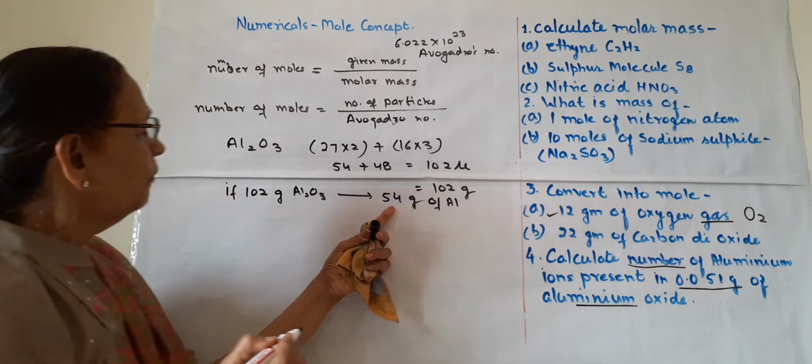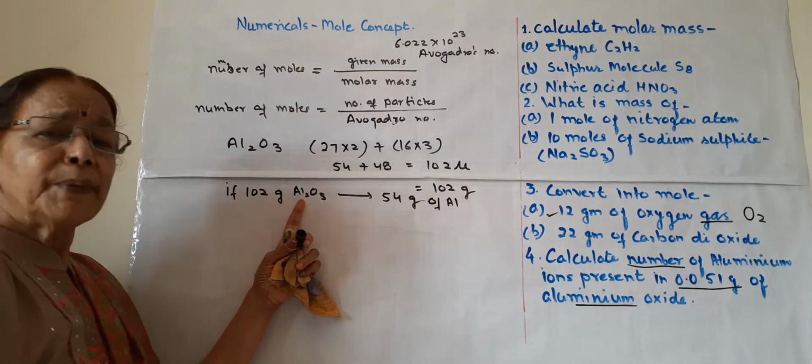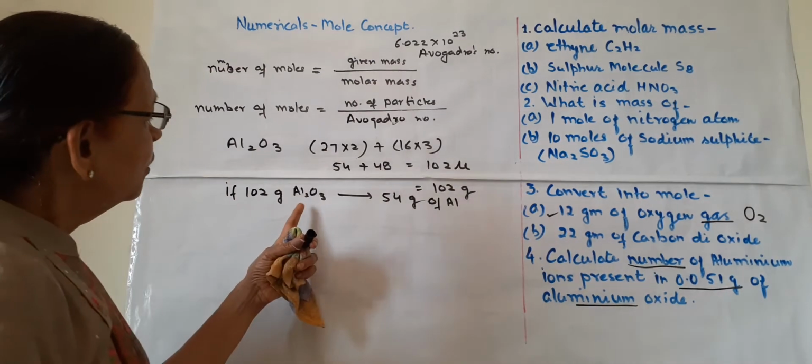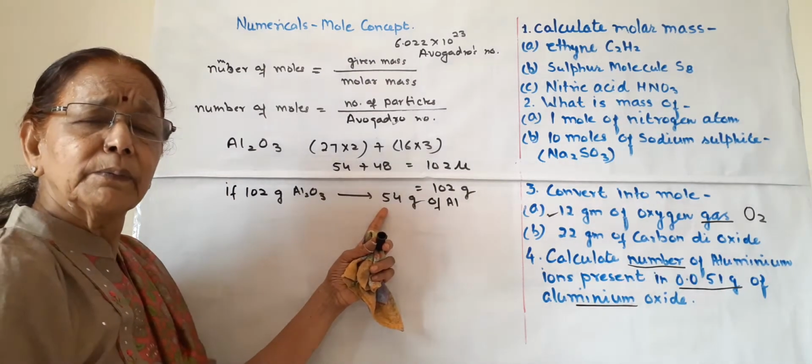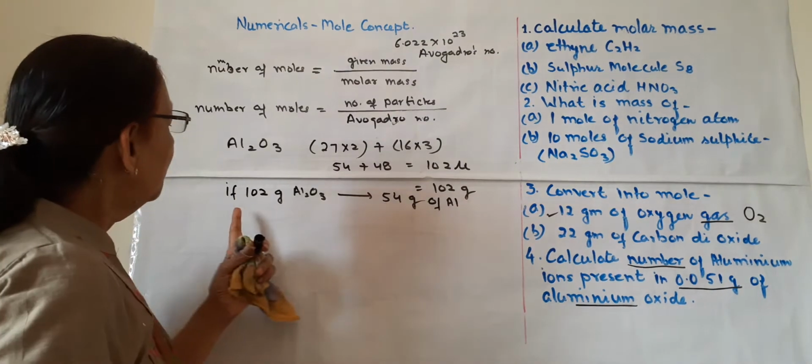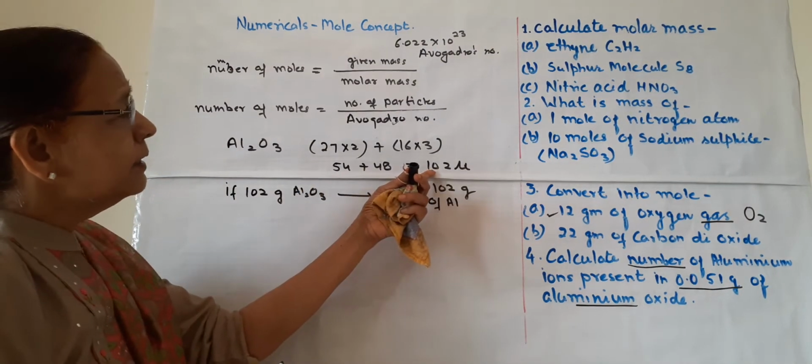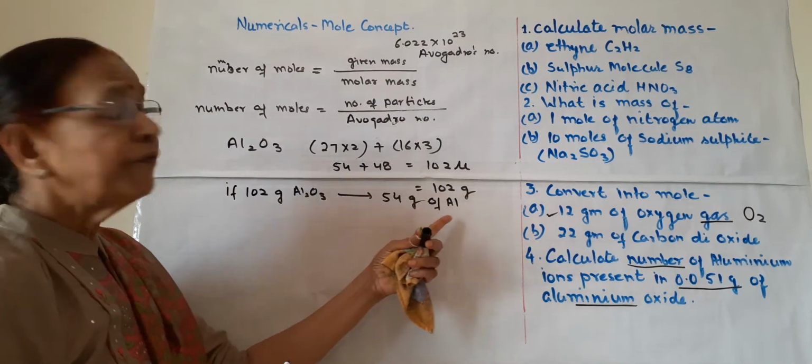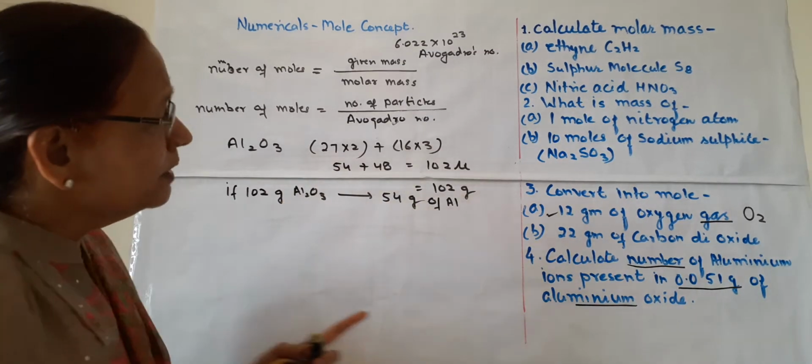Is it clear to all of you? Here 2 Al are present, 1 Al is 27, so 2 Al will be 54. So in 102, there is 54 of Al, and how much is given?